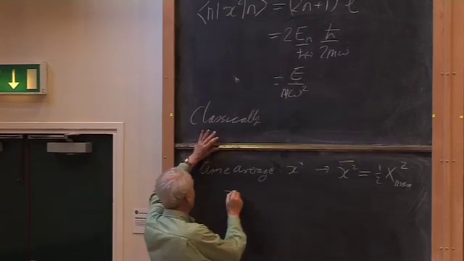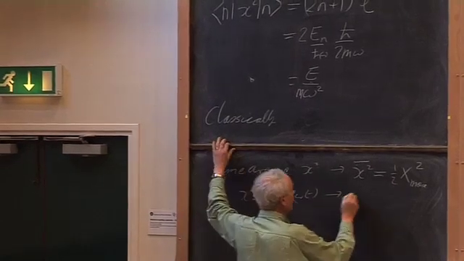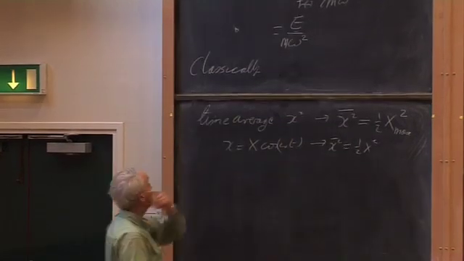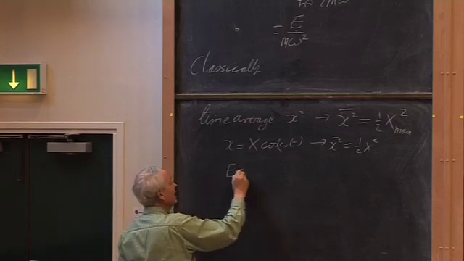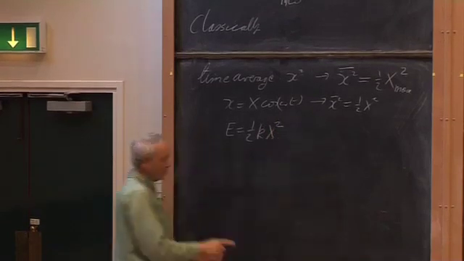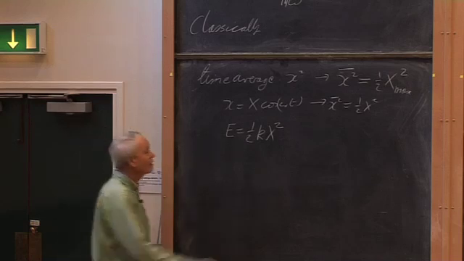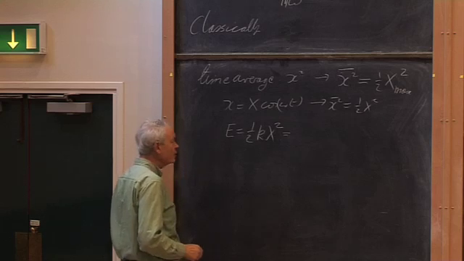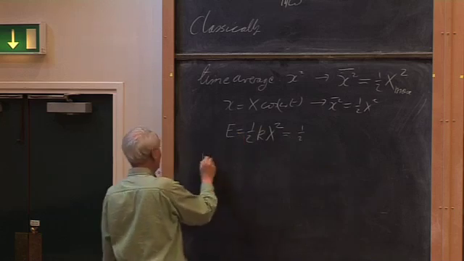So if we are writing that x is equal to x max cos omega t, it follows that x squared bar is a half of x max squared, the maximum perturbation. And what's the energy? The energy classically is a half k x max squared, because when it's at maximum extension, it has no kinetic energy. It only has potential energy.